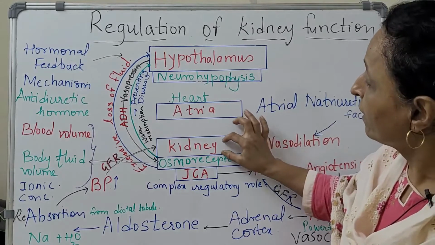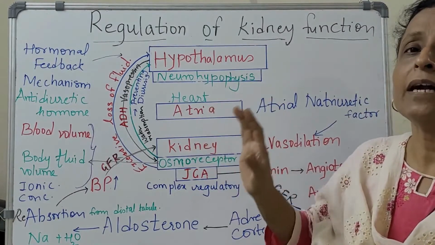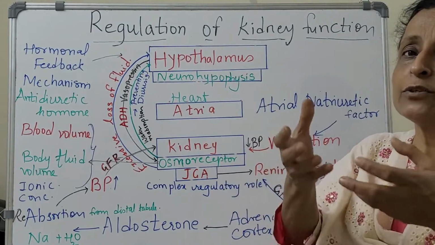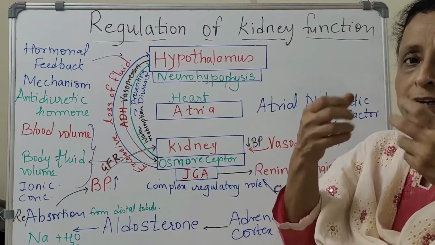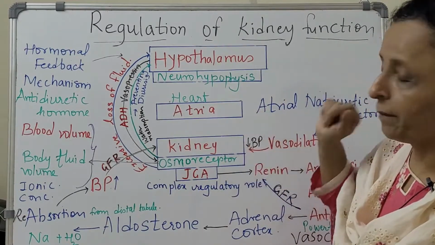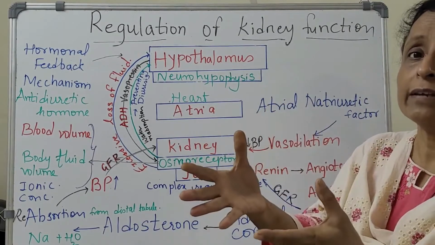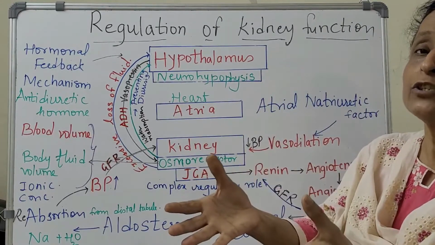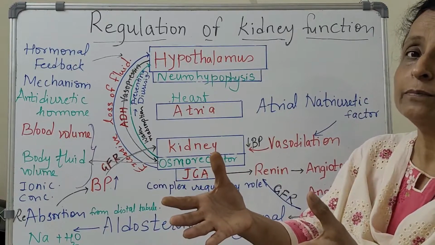In the kidney, the blood pressure has to be maintained, the fluid in the tubule has to be maintained, and the concentration has to be maintained. The kidney throws out urine, and the urine has to be regulated; excess cannot be thrown out.